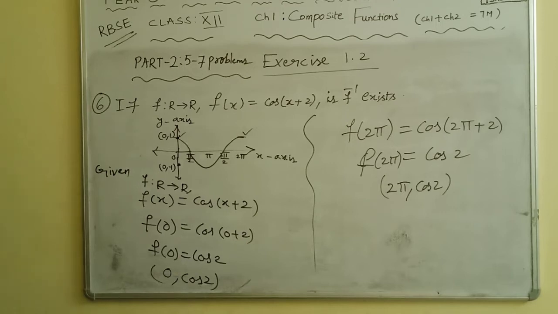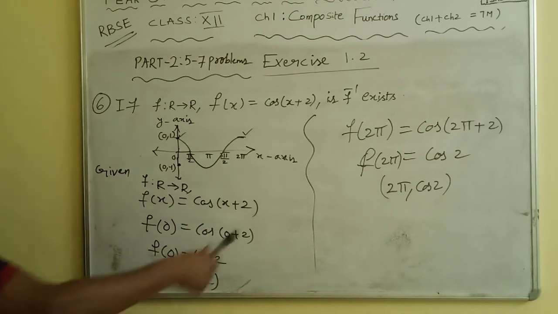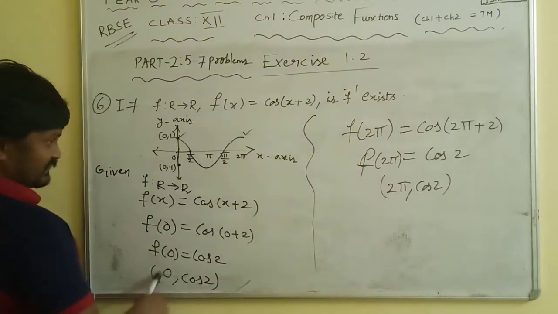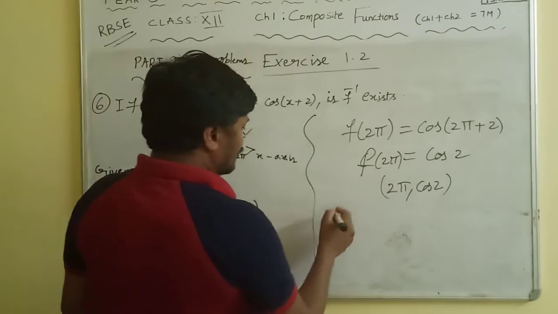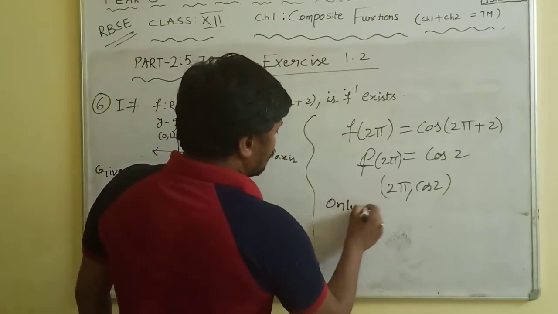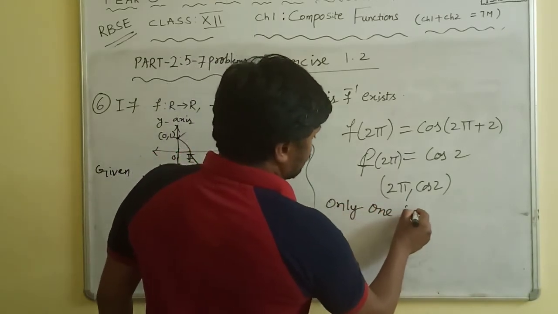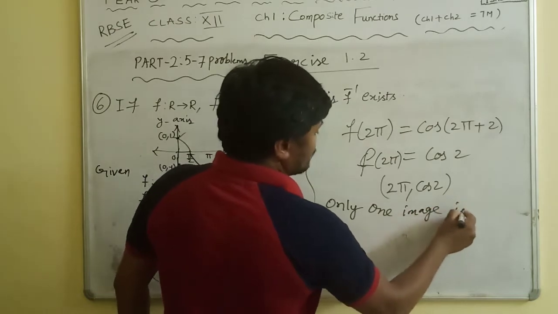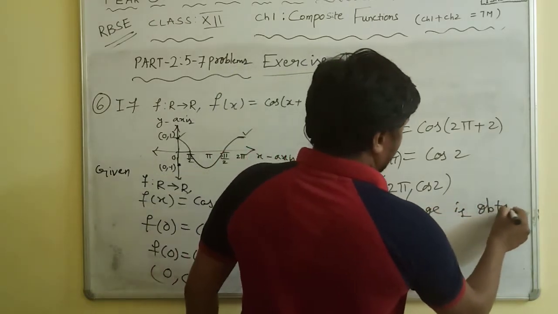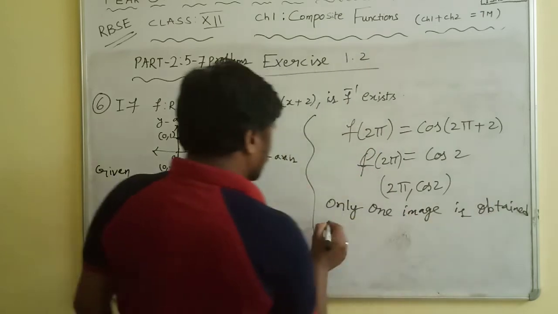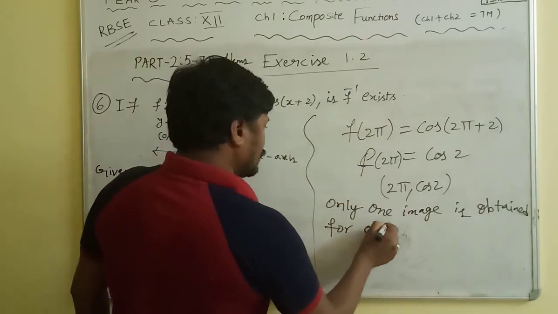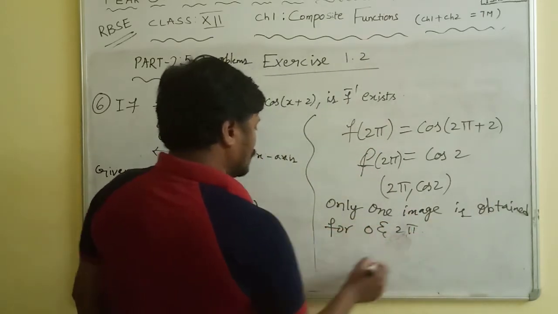So from this what we can say is that only one image is obtained for 0 and 2 pi.